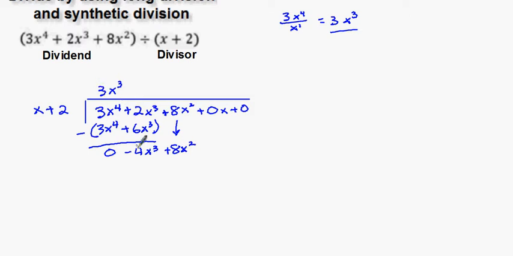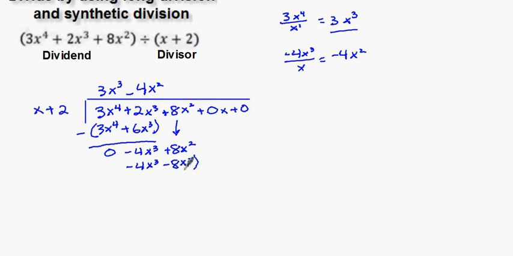We're going to divide now negative 4x cubed by x. And that gives us negative 4x squared. So we're going to put this in the position right here, negative 4x squared, and we multiply. X times negative 4x squared is negative 4x cubed. 2 times negative 4x squared is a minus 8x squared.